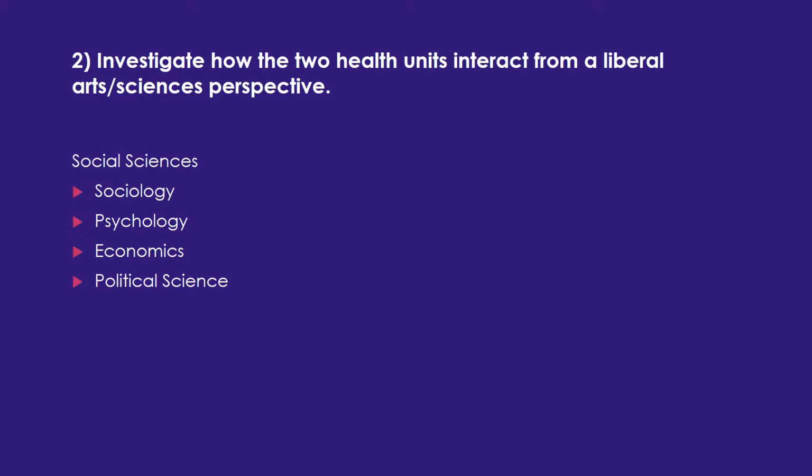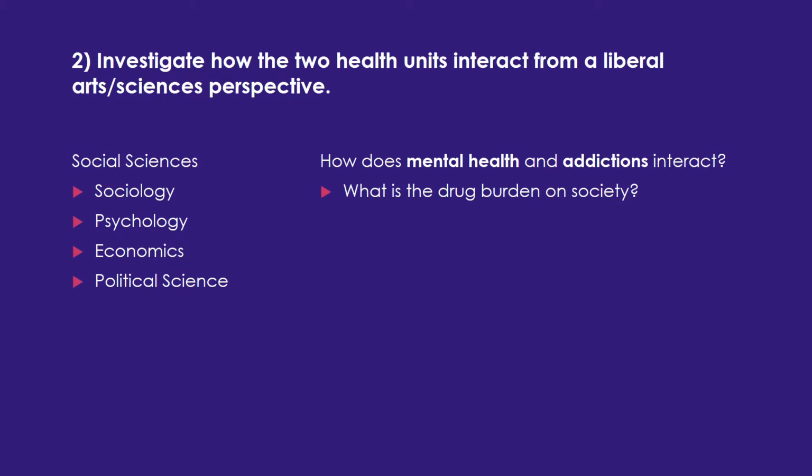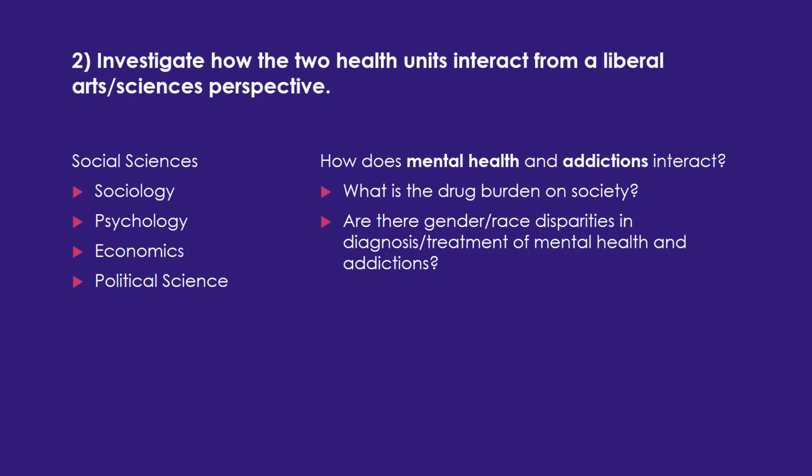So for the first example, maybe students are looking at mental health and addictions, and they're going to look at this health interaction through a social scientist perspective. They'll come up with questions like: how does a sociologist think about the interaction of mental health and addictions? How does a psychologist look at it? How does this affect the economy? How does this affect policy and law? What is the drug burden on society?